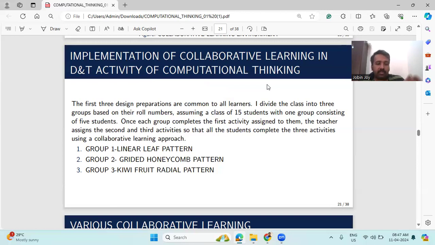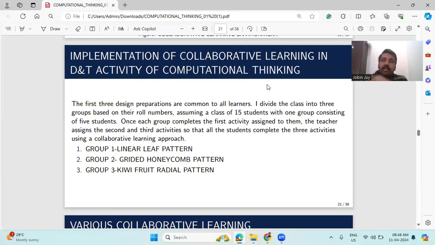Once group 1 students finish their activity, they enter the gridded honeycomb pattern activity. At the same time, the 360-degree radial kiwi fruit pattern group enters the group 1 activity.